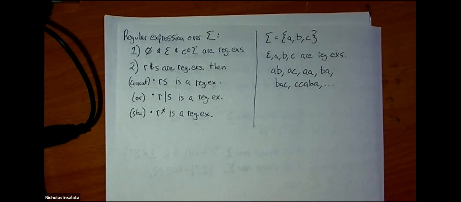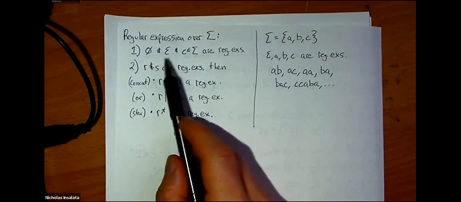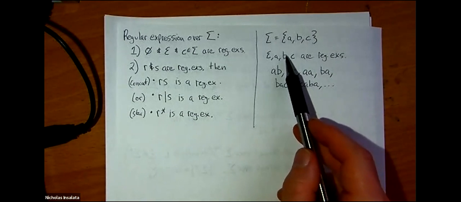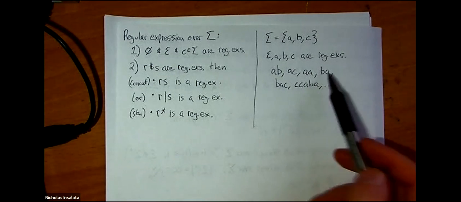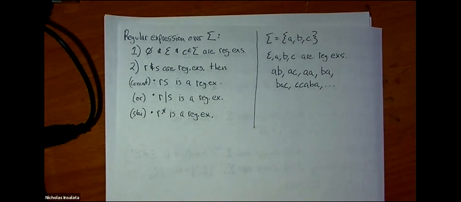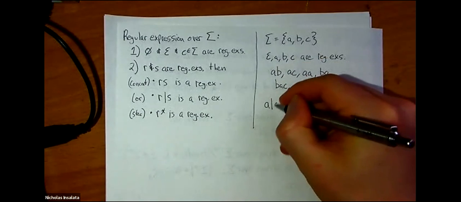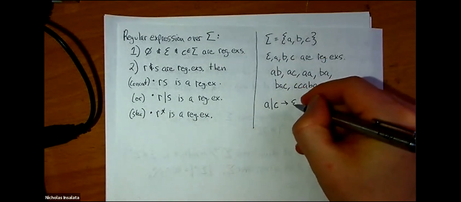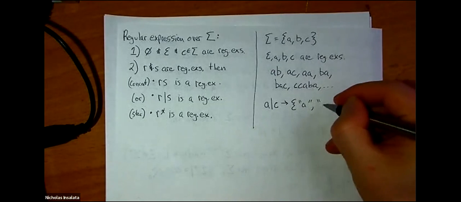So if we just had a base case, right, then that would just have one thing in the language. Like if we just had B, okay, well then our language is B. Same thing for concatenation, right? If we just had BA, okay, then our language is just BA. But what if I did something a little bit more interesting? What if I said, A or C? Well, the language that corresponds to that is the language A and C.